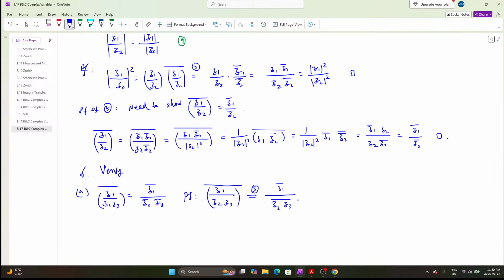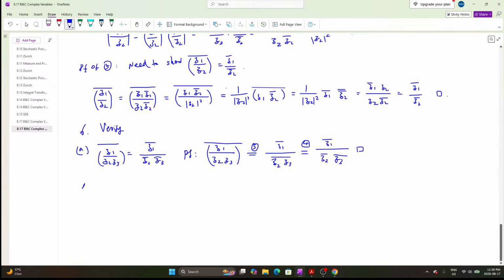Now let's use 4 to break the conjugate line at the bottom. So you have z1 bar over z2 bar times z3 bar, and we're done. Easy.